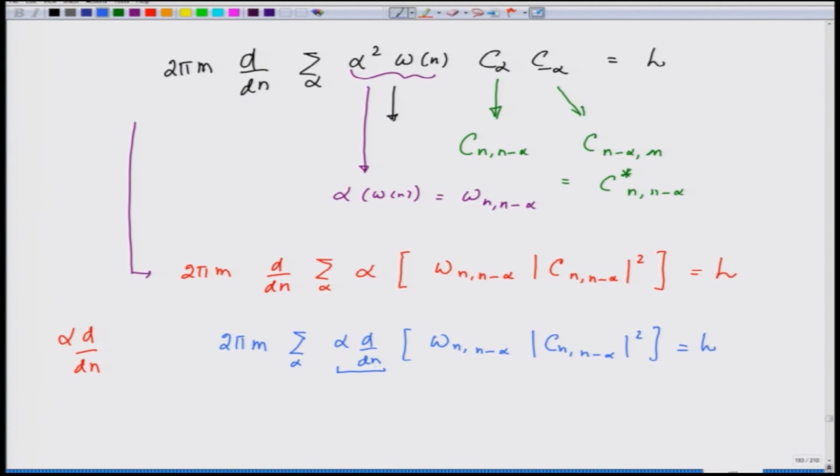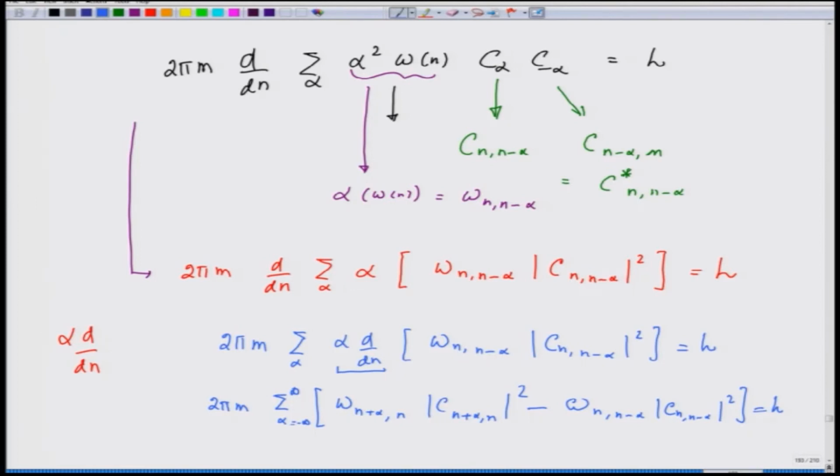So I am going to write this as 2 pi m summation over alpha, omega n, n plus alpha modulus c n, n plus alpha square minus omega n, n minus alpha modulus c n, n minus alpha square is equal to h. Alpha varies from minus infinity to plus infinity.